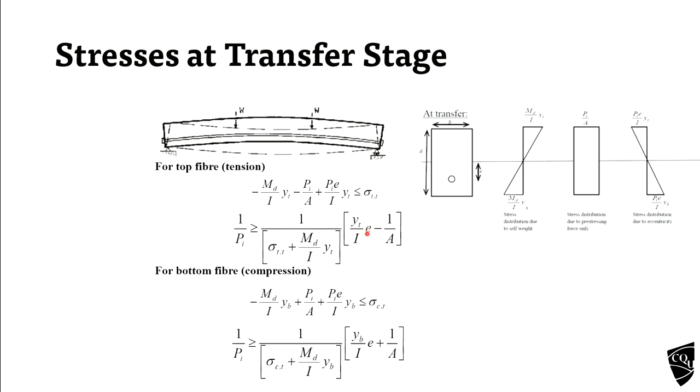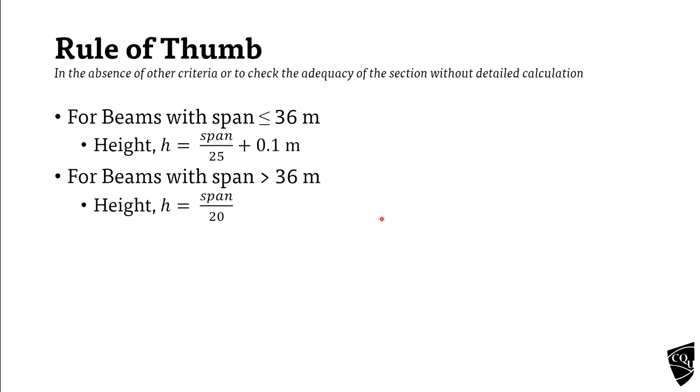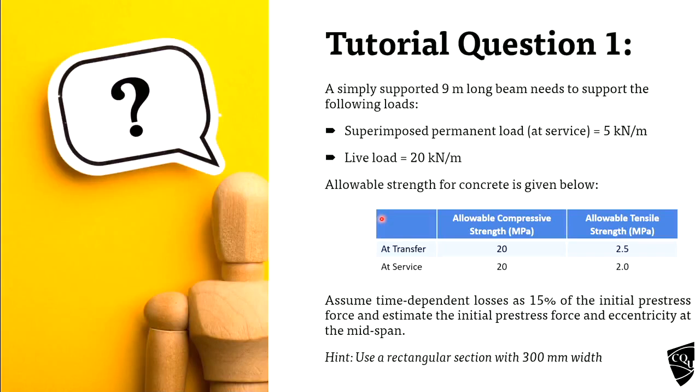But you need to know other values: the second moment of area, the cross-section area, the y_t, everything you should know. If you want to find the cross-section area, I need to know the section details.